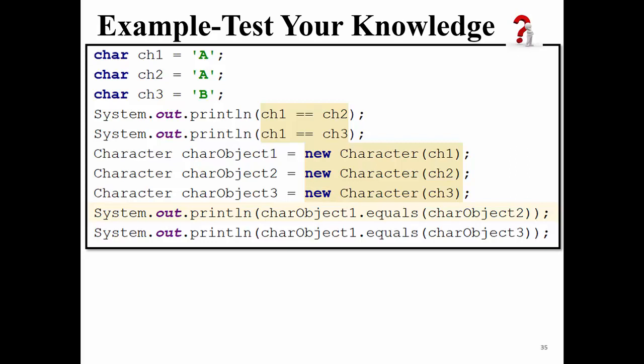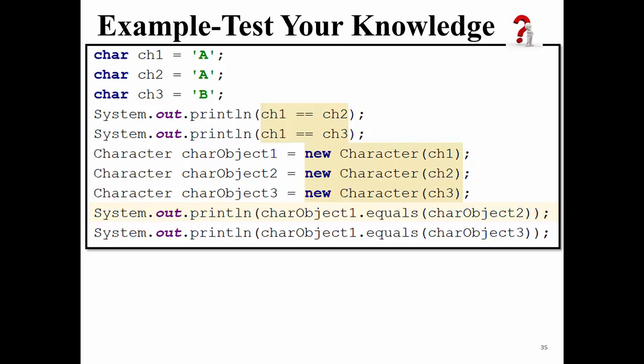Then I go one more step to use the wrapper class that we discussed in previous lectures. The wrapper class takes a primitive data type and puts it inside an object. As you can see, I define a new Character, with capital C for the full word, using the constructor, a new Character, and assign ch1, which is the first character.